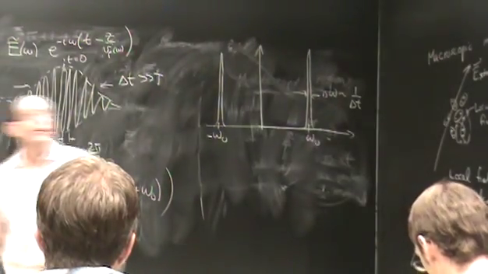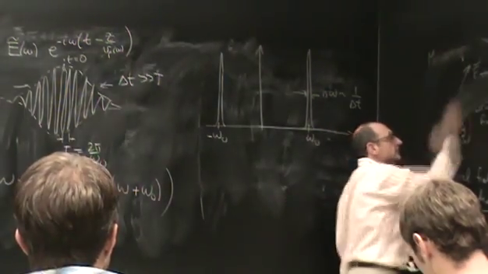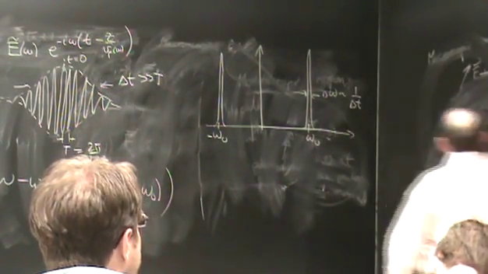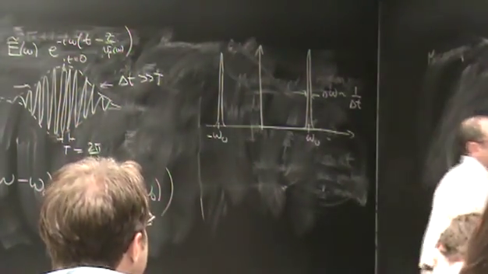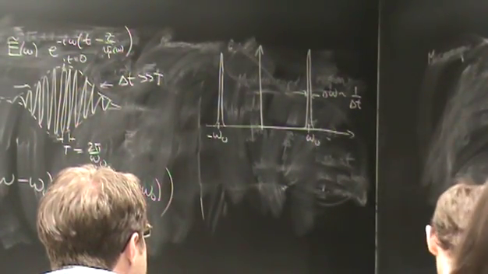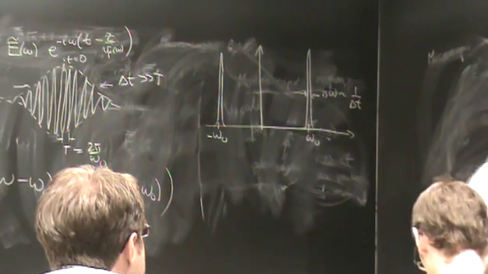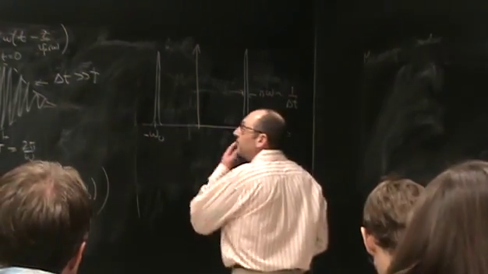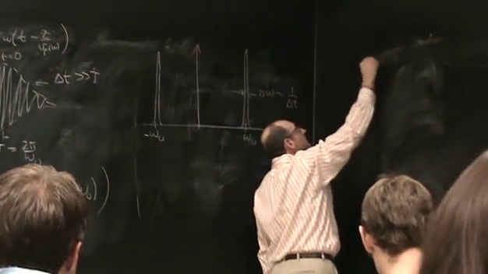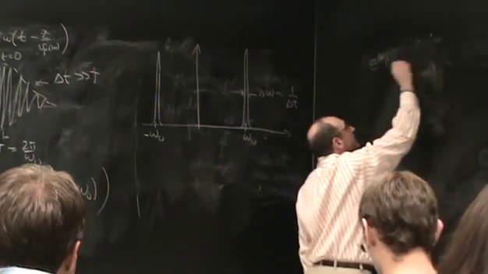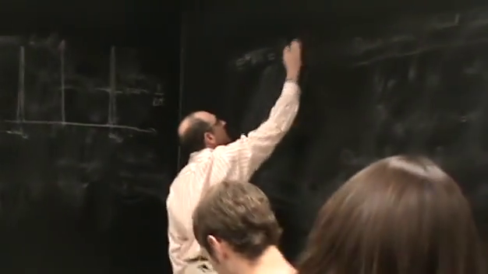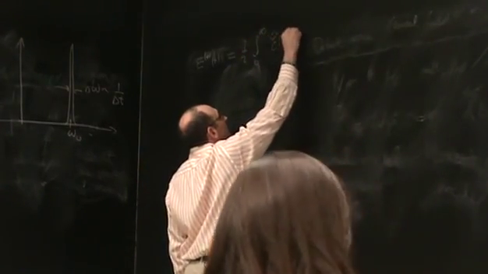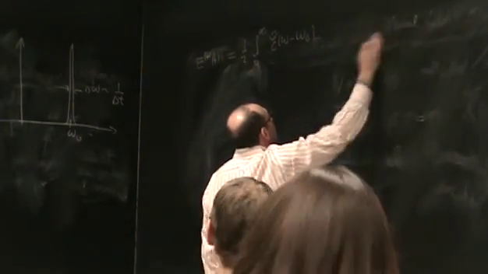So, with that said, we can write down the solution for this particular form of my signal. The positive frequency component then, is equal to 1/2 integral from 0 to infinity of E tilde centered at omega naught.